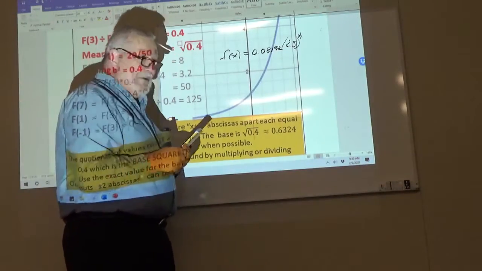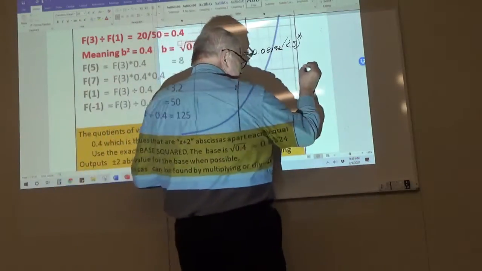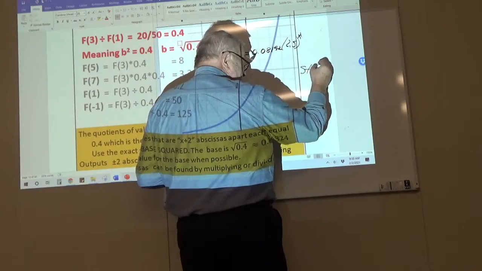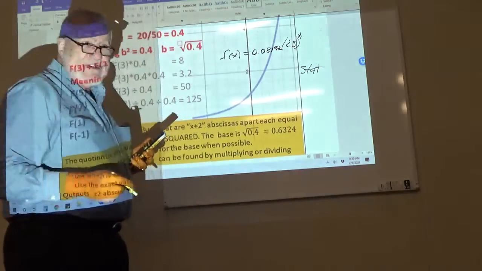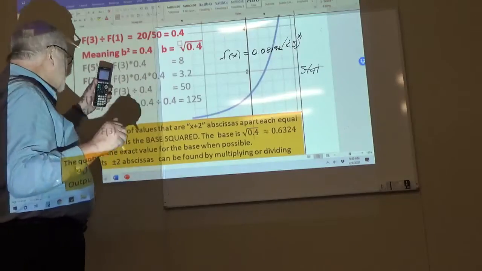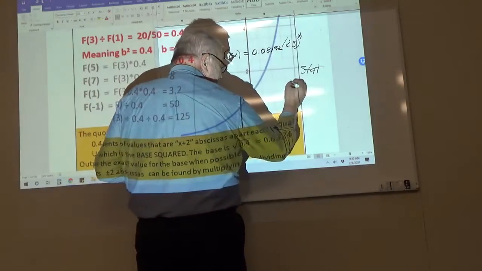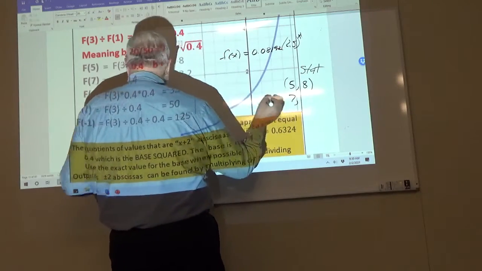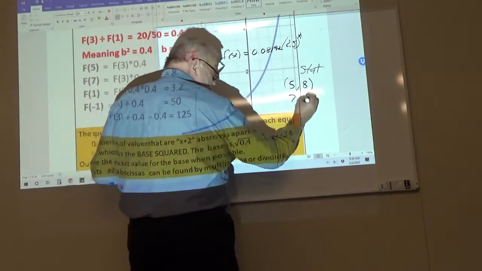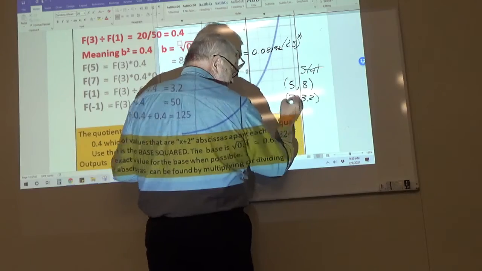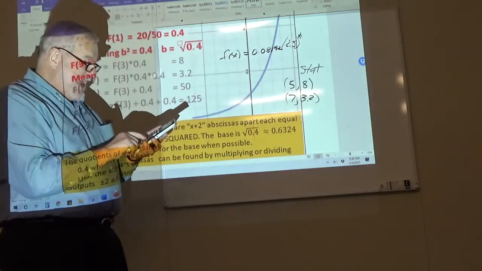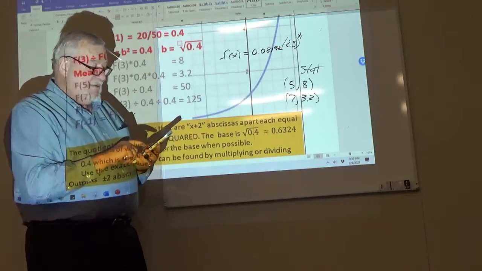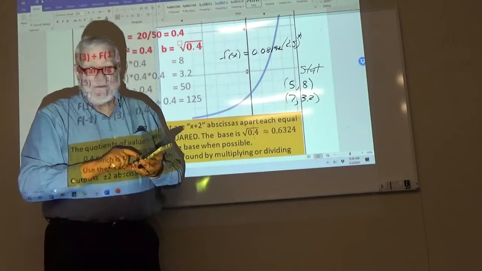Okay? Now, what we're going to do today is we're going to use stat. I love stat. Now, in the 2 problems that we had 5, 8, and 7, 3.2. All right, so press stat, and guess what we want to do?